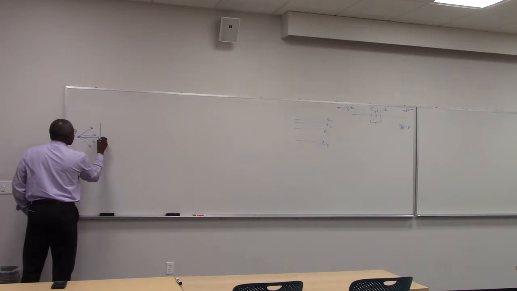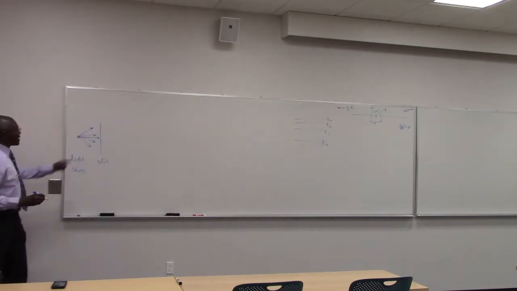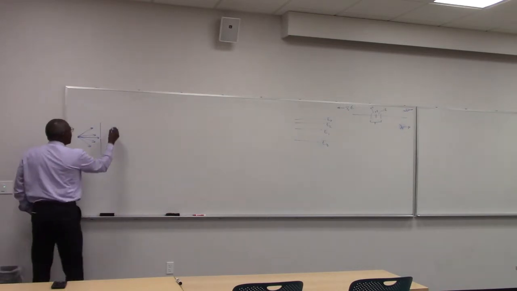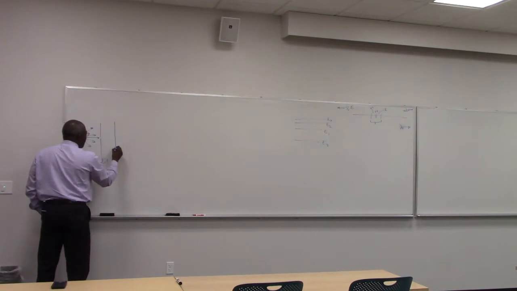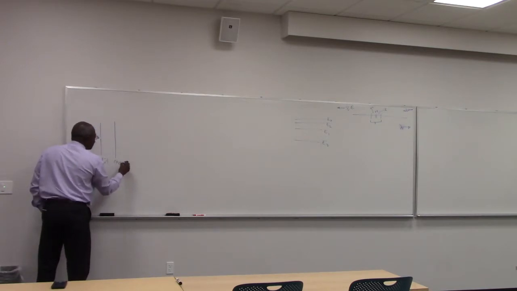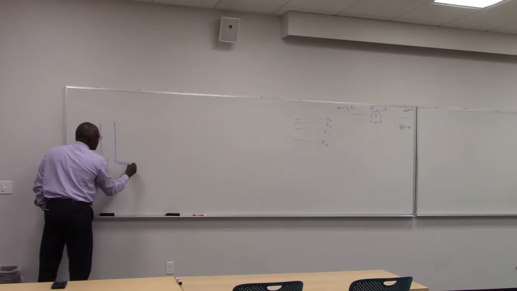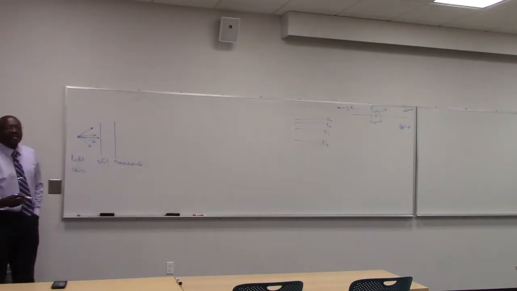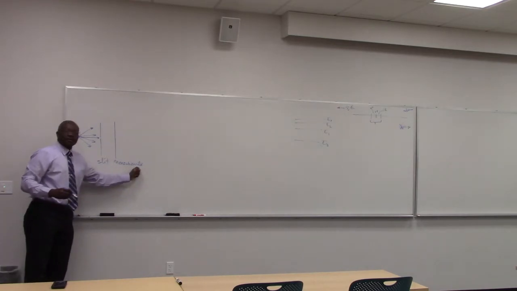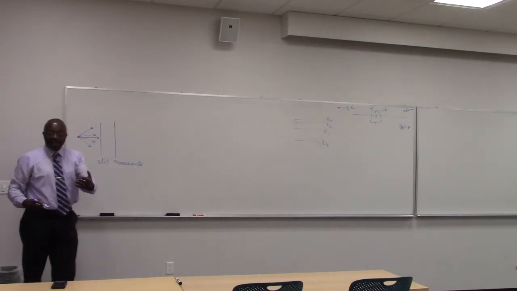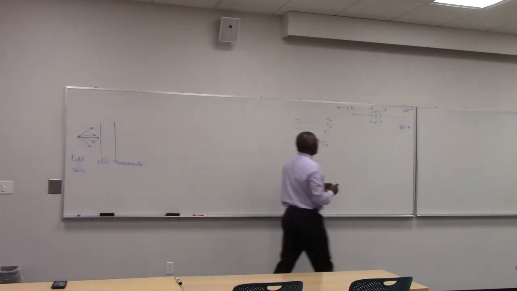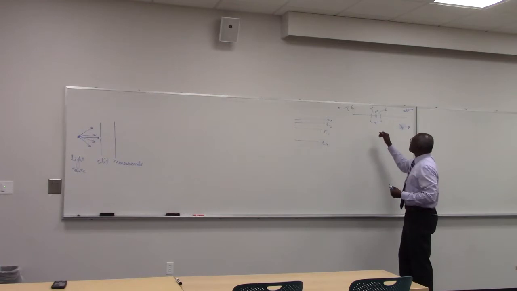I'm going to have a slit which allows a single pencil of light to come through. That light goes through a monochromator, which will select a single color of light, a single frequency of light. And you know this from Gen Chem or from high school.